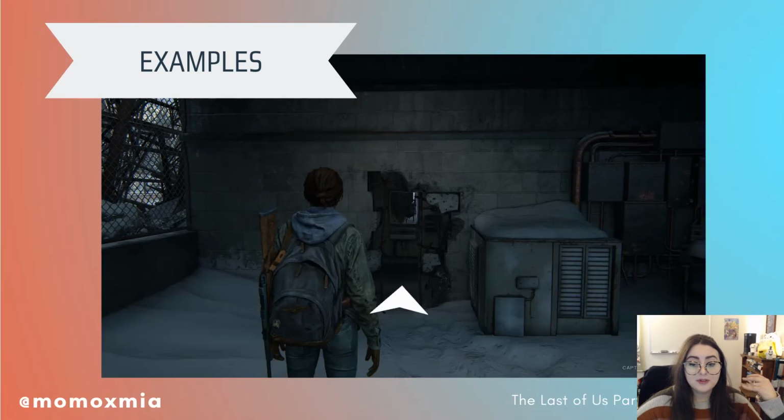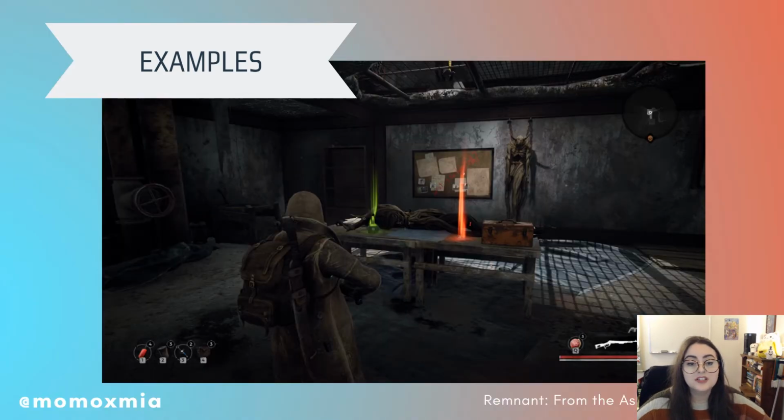The next example here, Last of Us Part 2, an example where a user is receiving a pathfinding hint. And again, this is really great just in terms of general design and also accessibility. And the last example here I chose from Remnant from the Ashes, which is an example of a user being visually notified of drops, where one of the drops is highlighted in green and the other one is highlighted in a bright orange red.